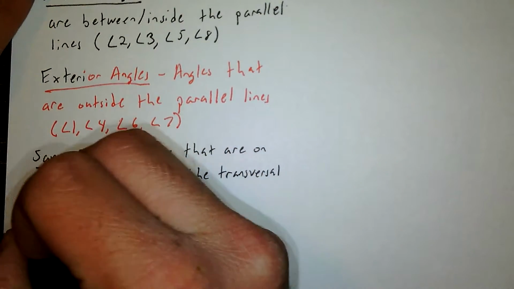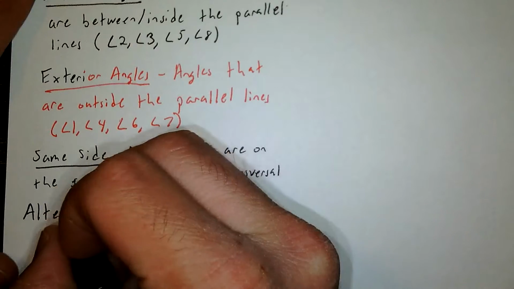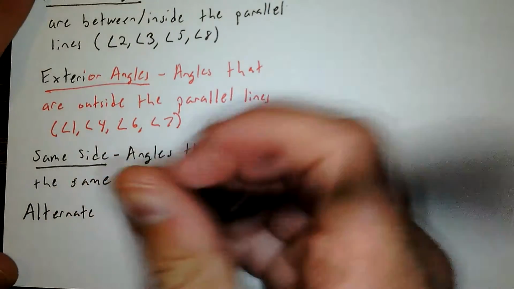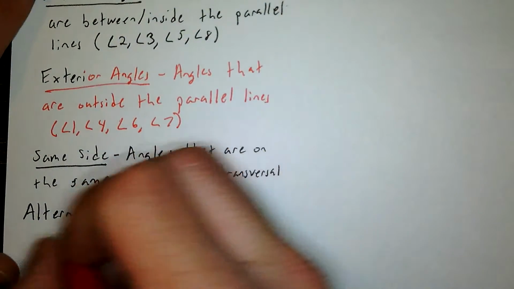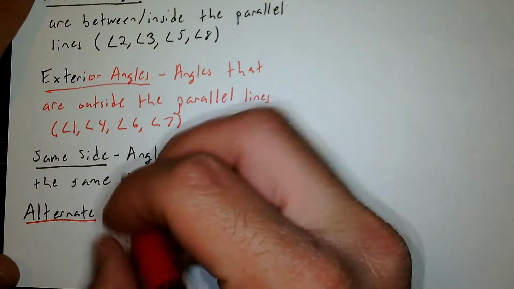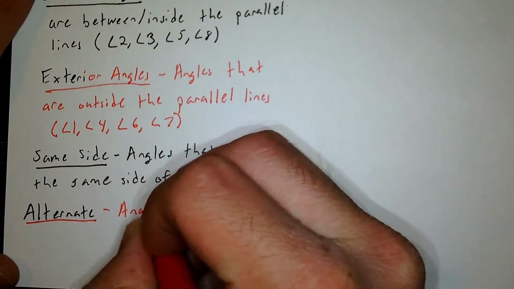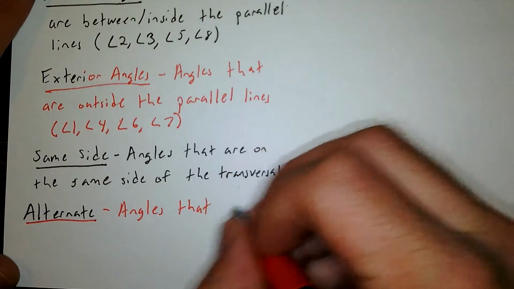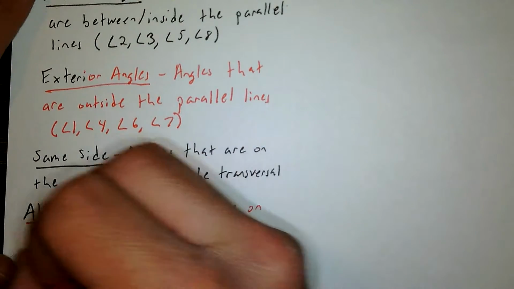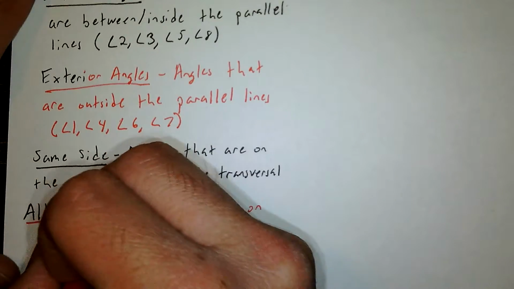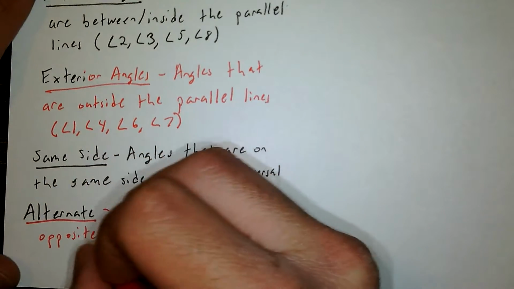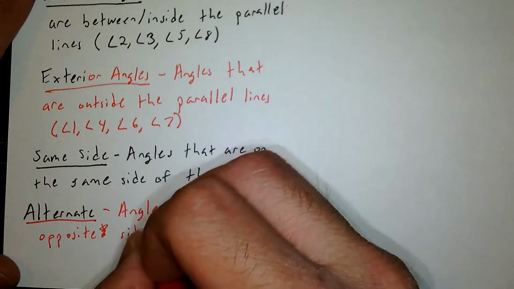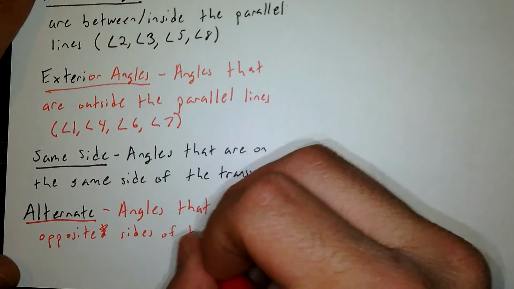We can also have alternate angles. Again, I've got to write this in red. And these are angles that are on opposite sides of the transversal.